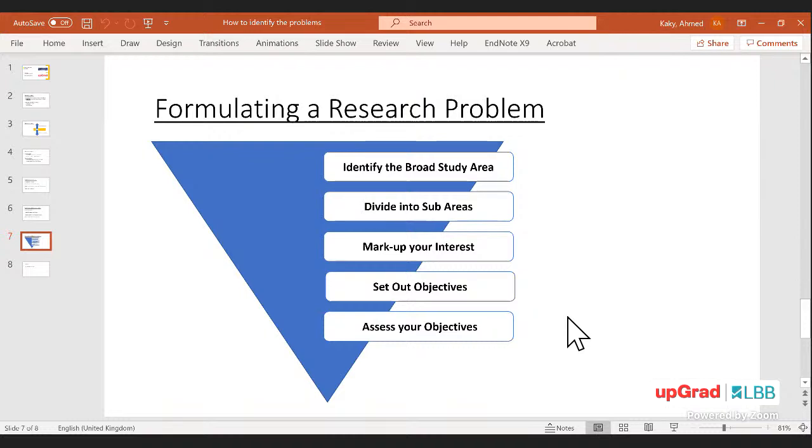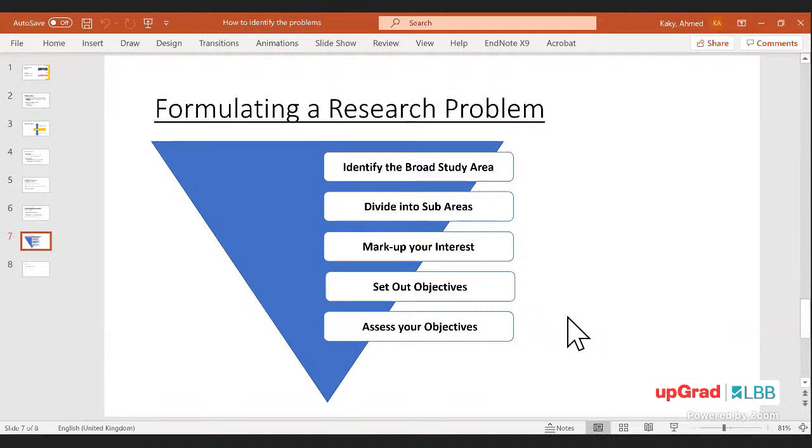This will help us to work further to get to the end of our mission, which is identifying the problem and research question. Then after that, we will divide that study area into many sub areas accordingly.